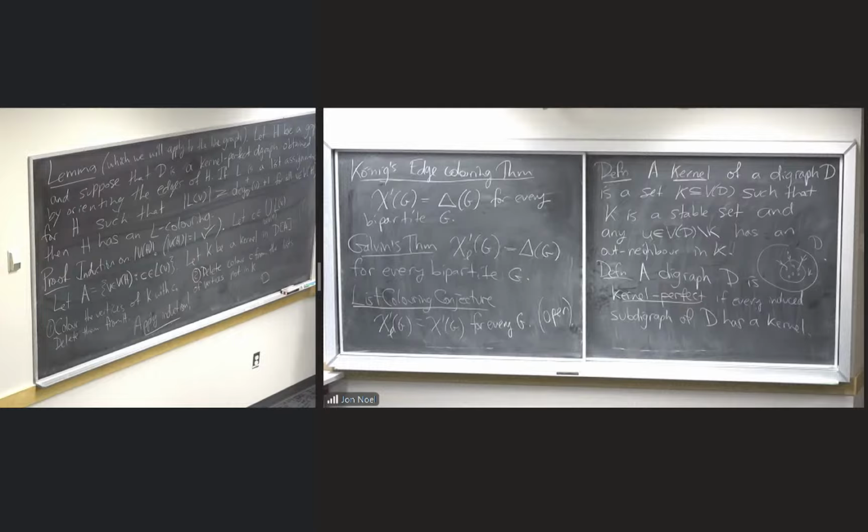Okay, and the key thing is the only vertices who lost colors from their list are the ones in A, but they also lost one out neighbor, so their out degree went down by 1, so the inequality still holds. Any questions about that?